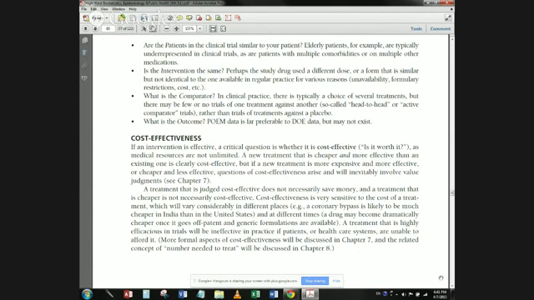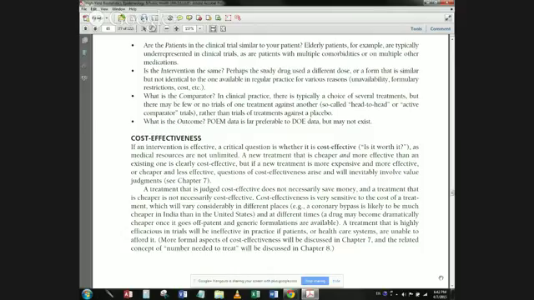But if a new treatment is more expensive and more effective, or cheaper and less effective, questions of cost effectiveness arise and will inevitably involve value judgments. A treatment that is just cost effective does not necessarily save money, and a treatment that is cheaper is not necessarily cost effective. Cost effectiveness is very sensitive to the cost of treatment, which will vary considerably in different places.